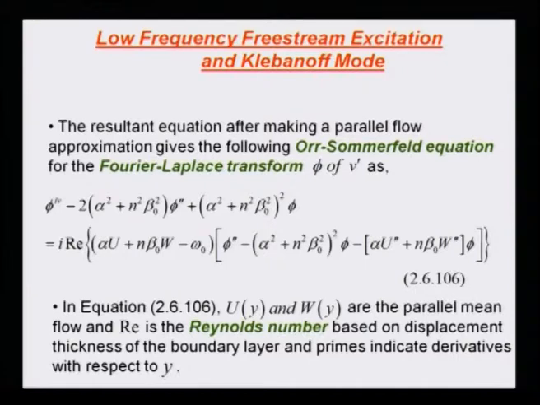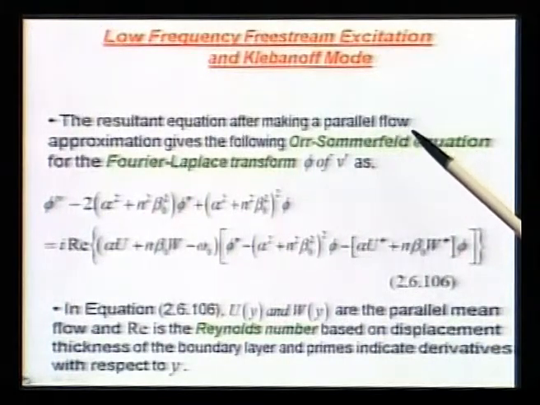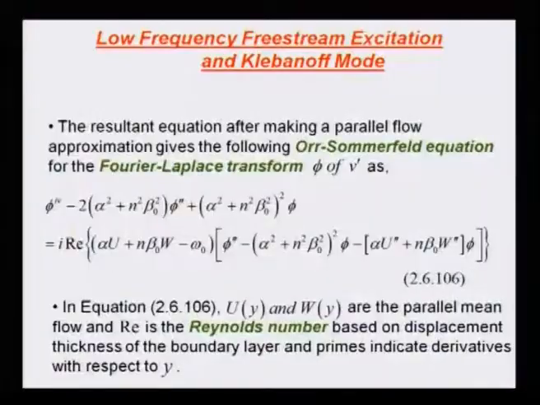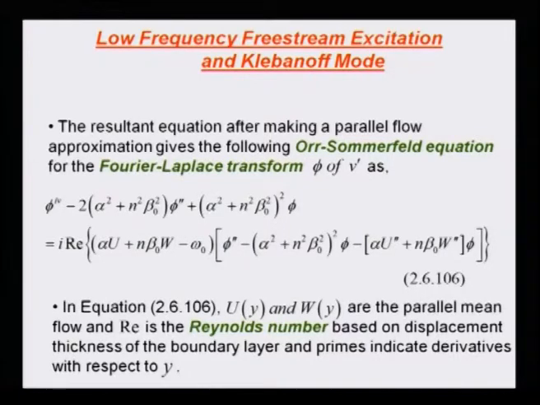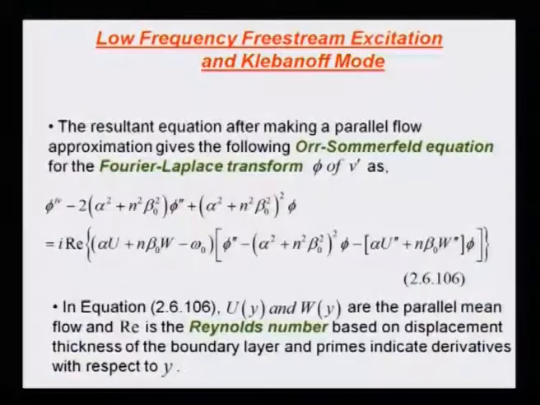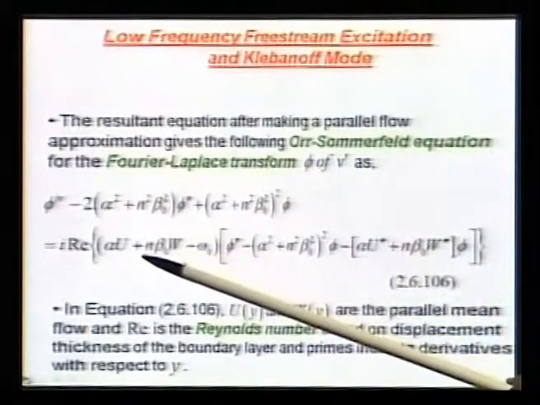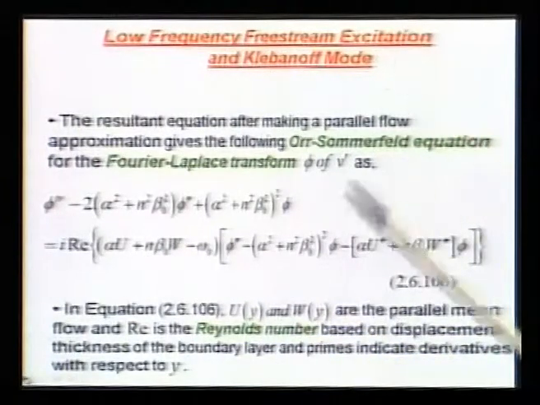So, we are basically talking about the Orr-Sommerfeld equation for the Fourier-Laplace transform phi, which is the amplitude of the wall normal component of the velocity. V prime, this prime is not a derivative, it means perturbation quantity. Please note that the primes here are of different kinds. V prime is indicative of the wall normal component of the velocity, and this is the generic Orr-Sommerfeld equation for 3-dimensional mean flow and 3-dimensional disturbance field.